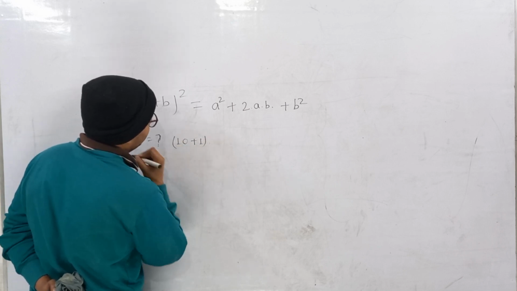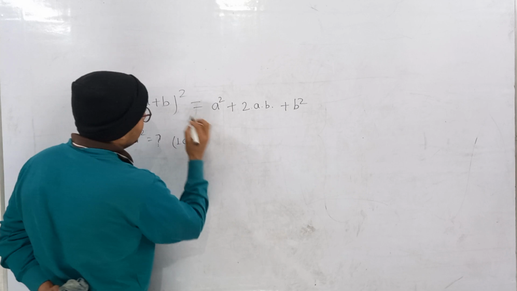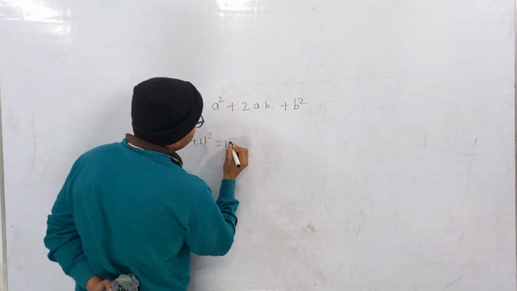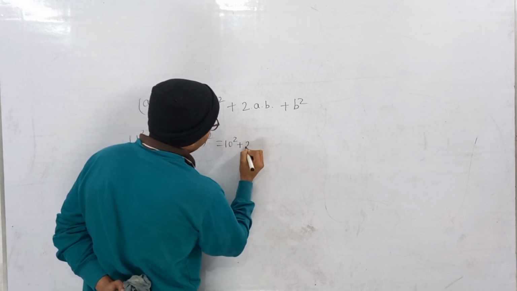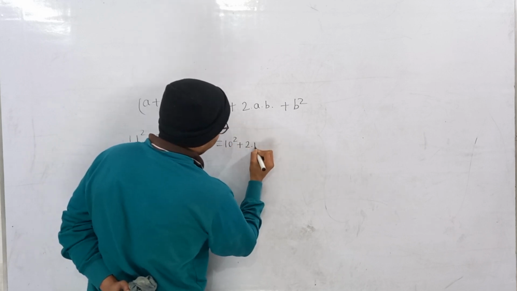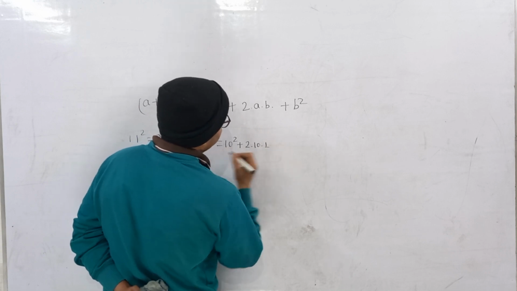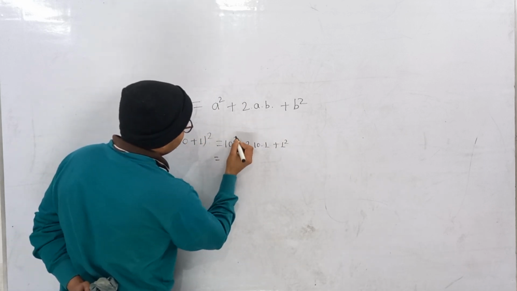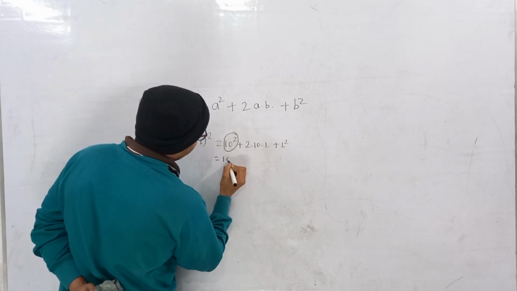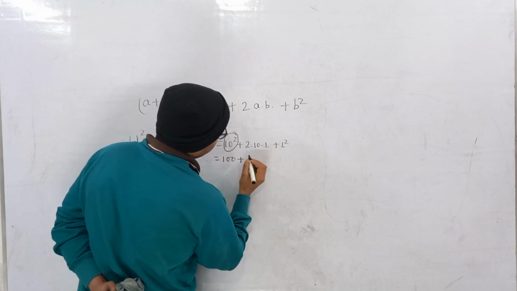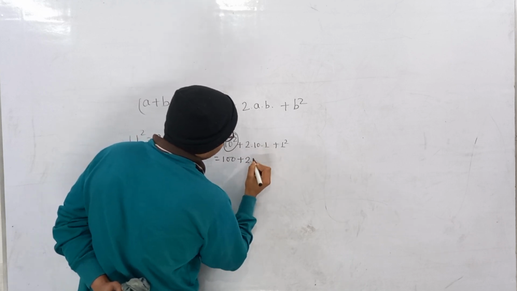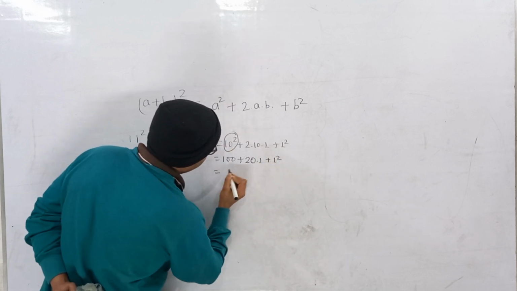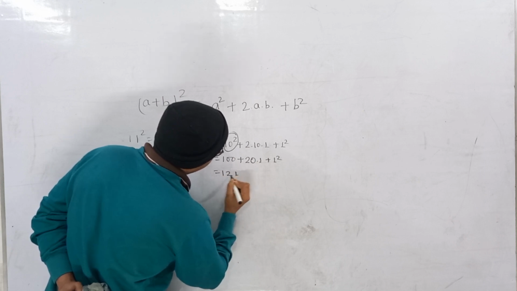Now, 10 plus 1 whole square is equal to 10 square plus 2 into 10 into 1 plus 1 square, that is a plus b whole square. Now from here you can easily find that 10 square is 100, plus 2 into 10, that is 20 into 1, plus 1 square. So here you can easily see this will be 121.